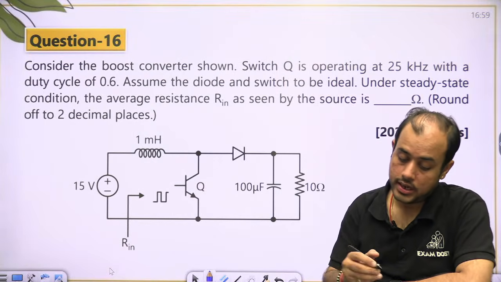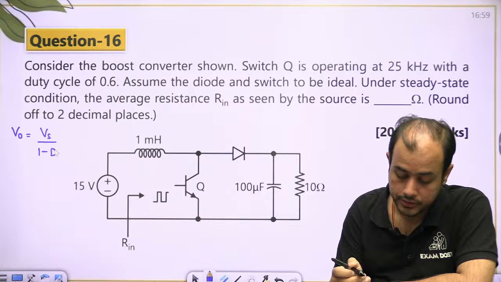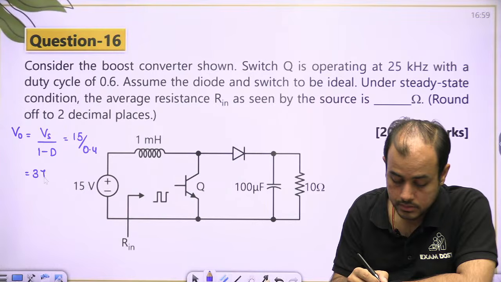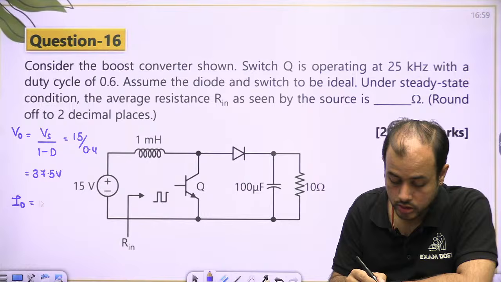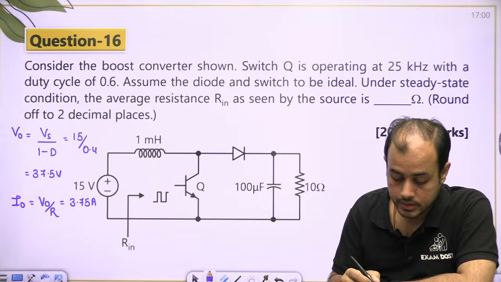Okay, now let's see this. V naught is Vs upon 1 minus d. Now I naught is V naught by R, 3.75.